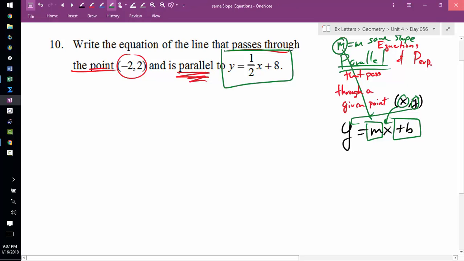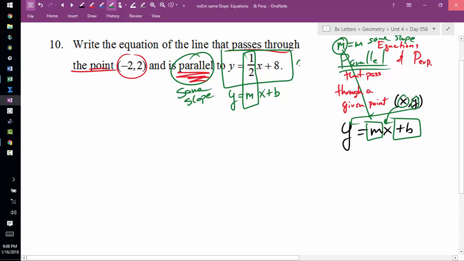And they were friendly enough to already put this in y equals mx plus b form. And because they want them to be parallel, they're going to have the same slope.